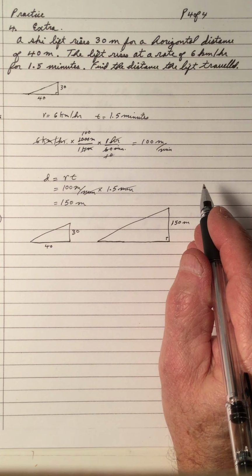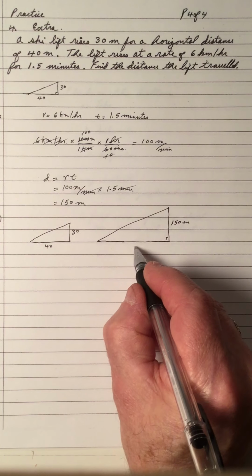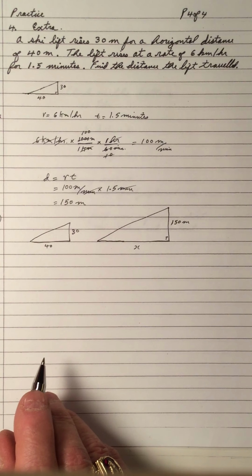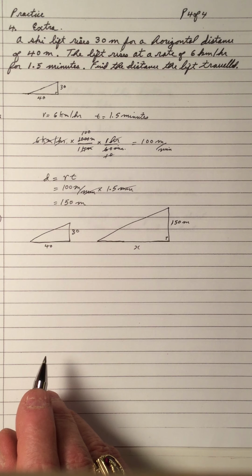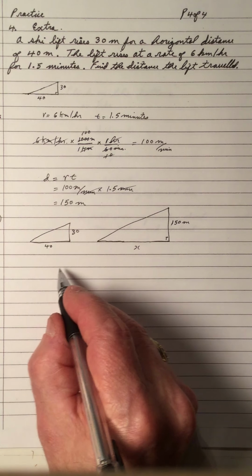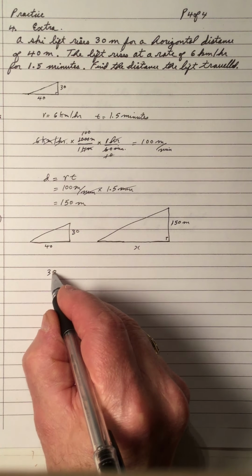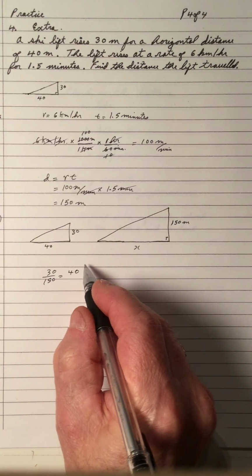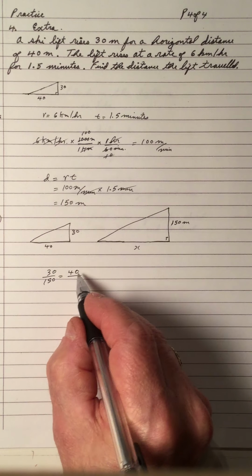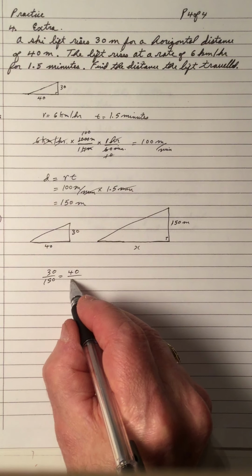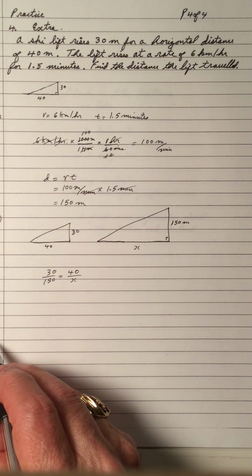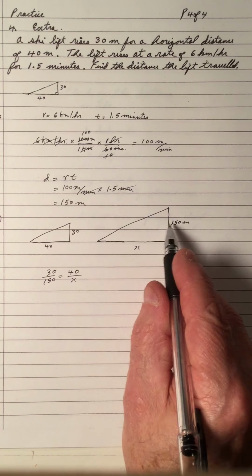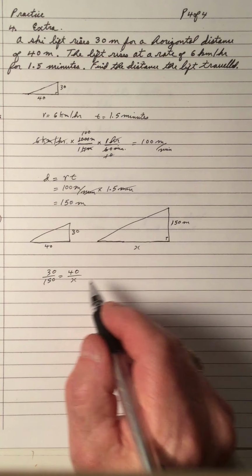The horizontal distance that it travels is x. So we have 30 over 150 is 40 over x. So the height rise to each and the run to each.